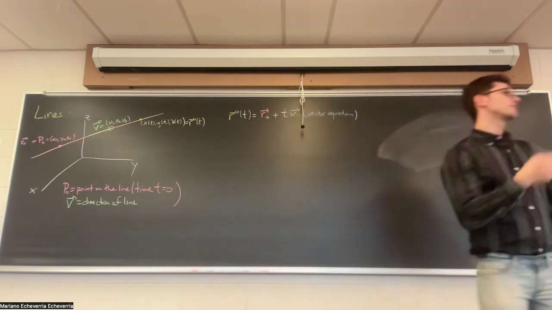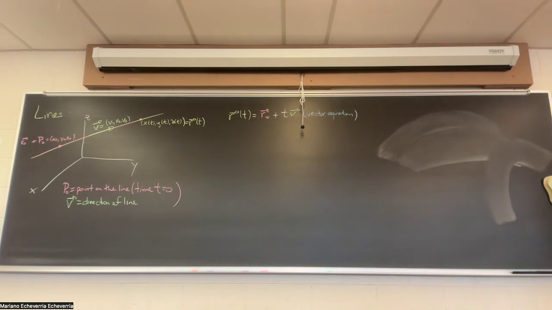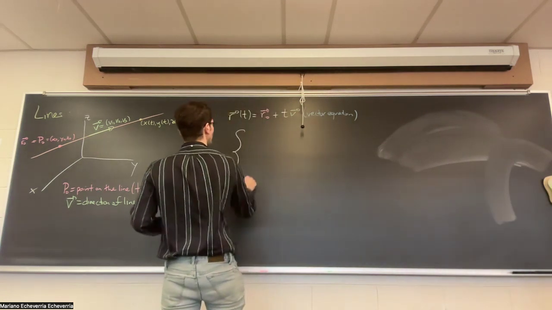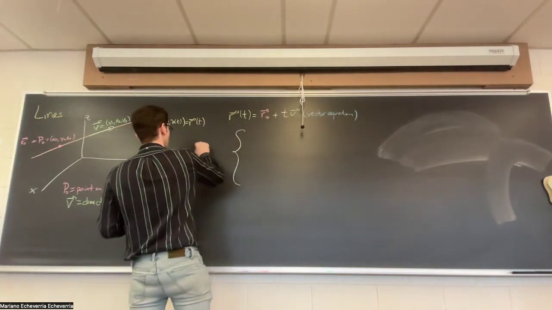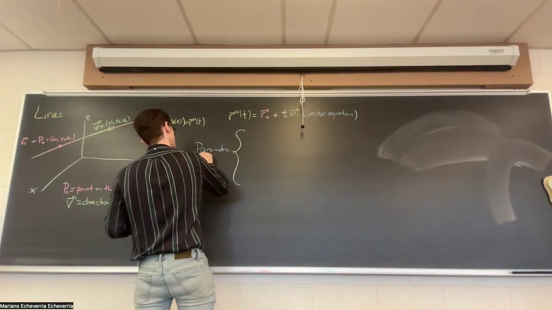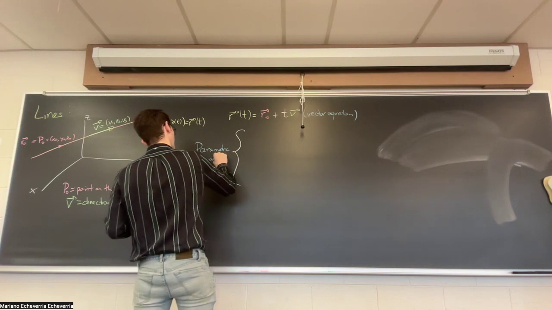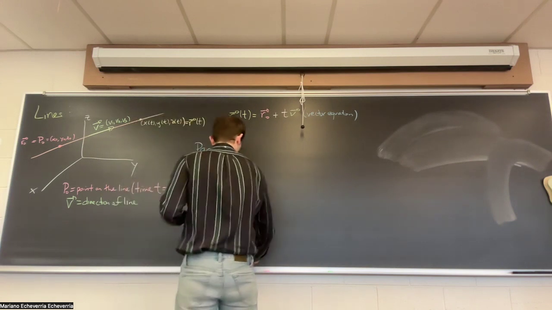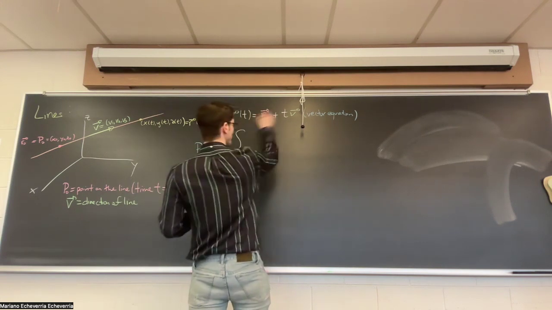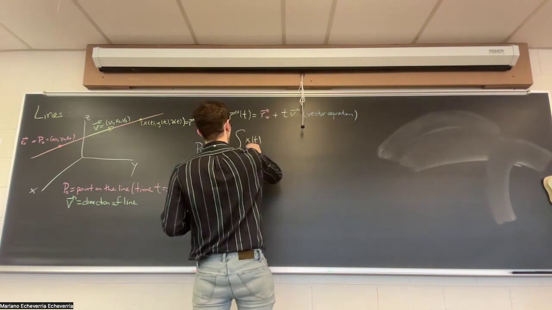An equation between vectors is an equation between its entries. So you can think of this as three different equations, one for x of t, y of t, and z of t. This is the same as what's called the parametric equations, which is what you get by decomposing this.